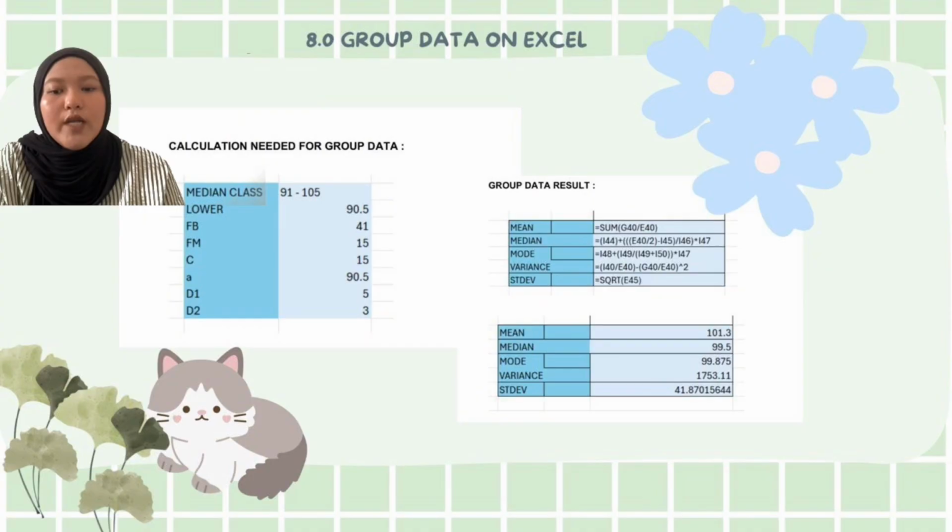The frequency difference D1 equals 5, and the frequency difference D2 equals 3. The class width is 50.